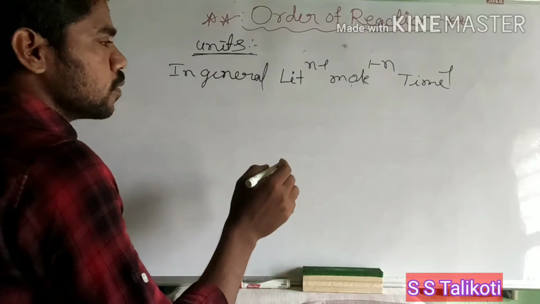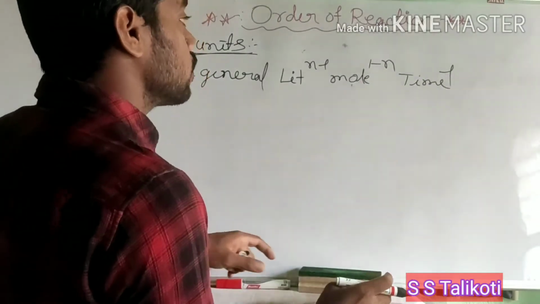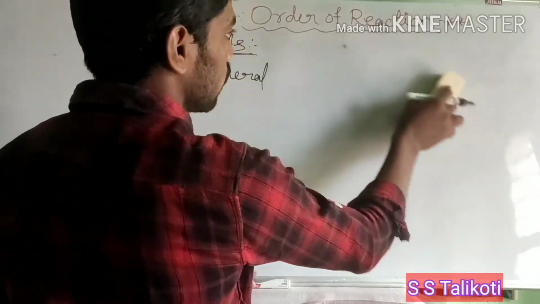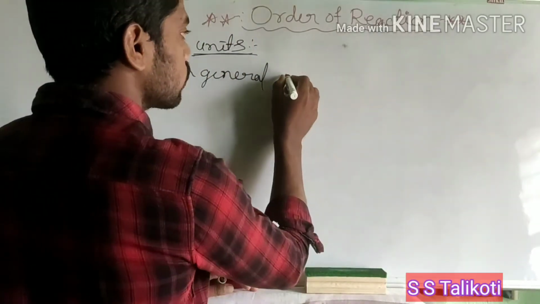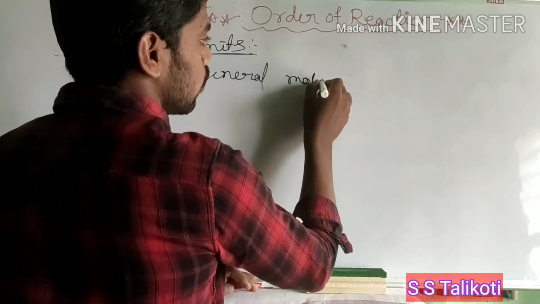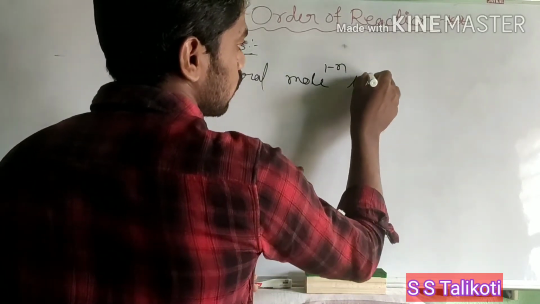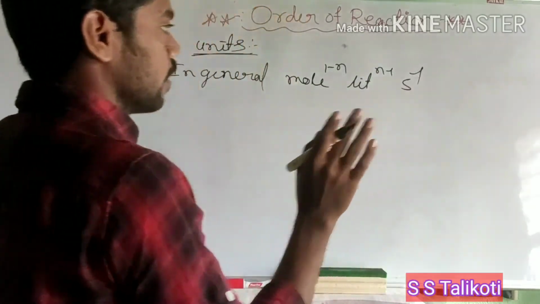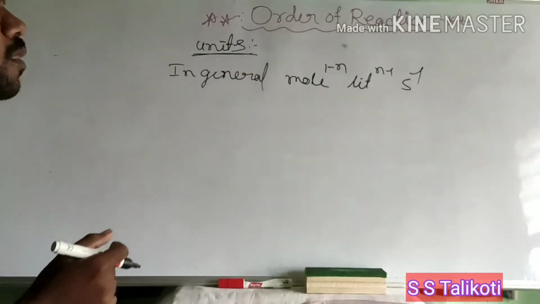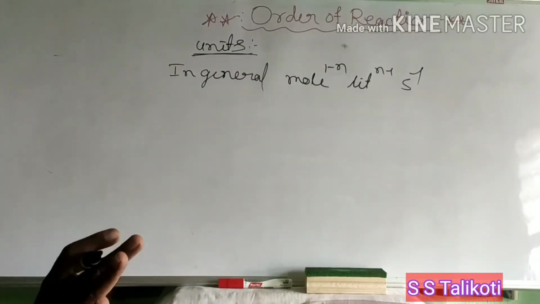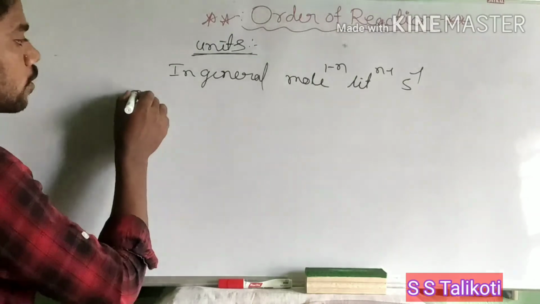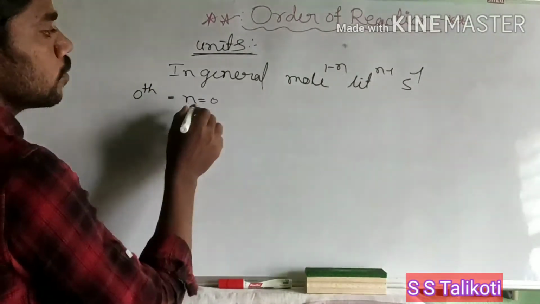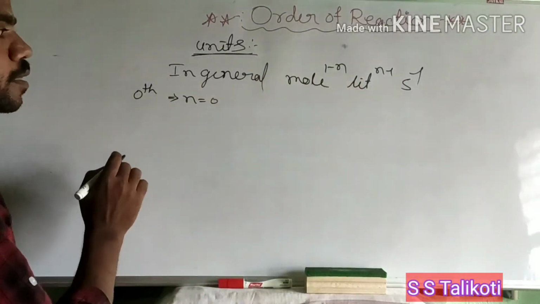Alright, in general I will tell you, if you get confused, remember it like this: mole 1 minus n, liter n minus 1, and next is second. Always it is like this. If it is a zeroth order reaction, you have to substitute n equal to 0 in the above equation.